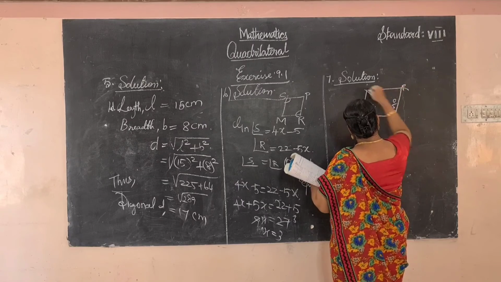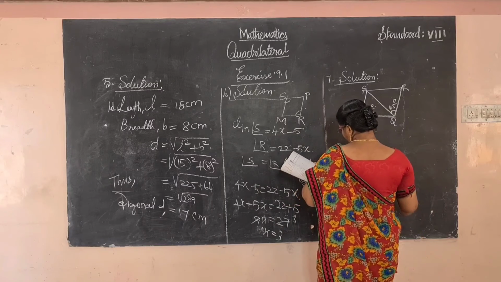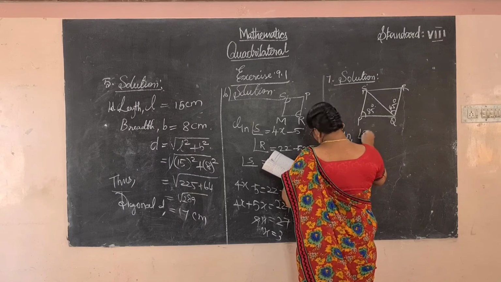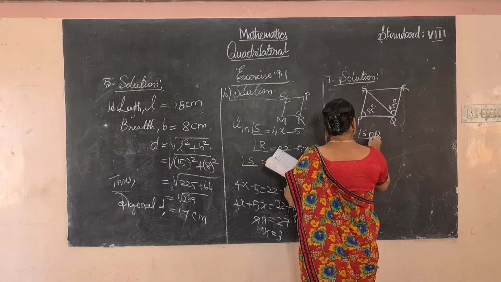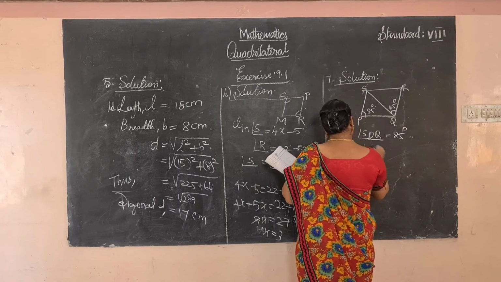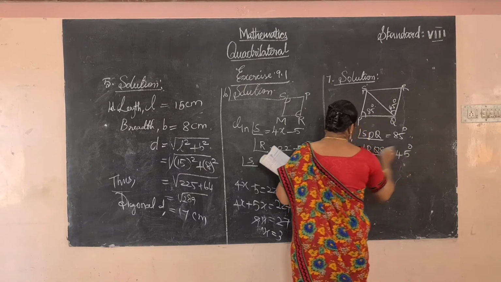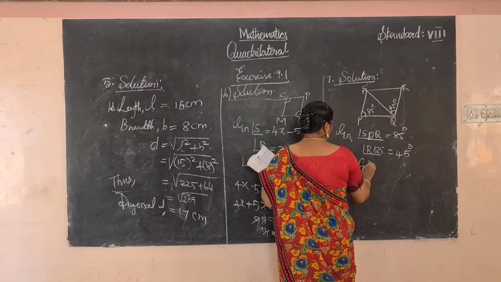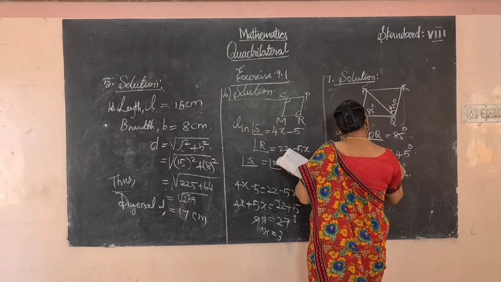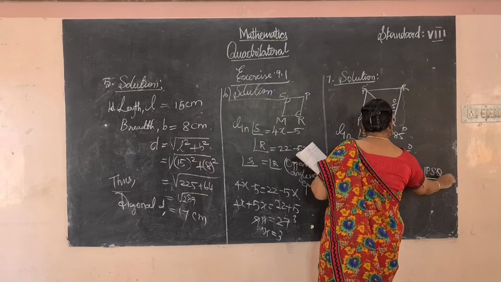PQRS. Given angle SPQ is equal to 85 degrees and angle RQS is equal to 45 degrees. To find angle RSQ and angle PSQ.